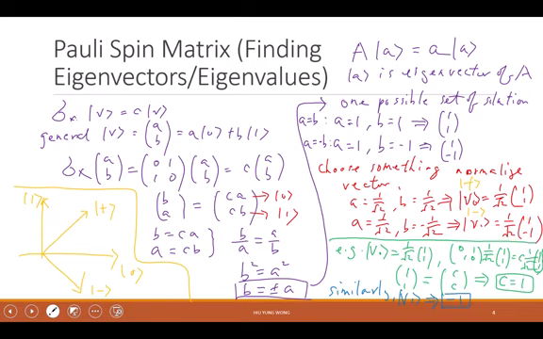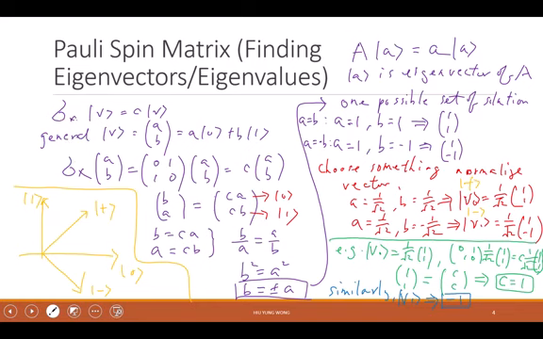So accidentally, the fake example we used actually gives the same result as the Pauli spin matrices sigma z and sigma x. Okay. Anyway, this slide is to help you review how to find the eigenvectors and eigenvalues of a given matrix, and we use sigma x as an example.